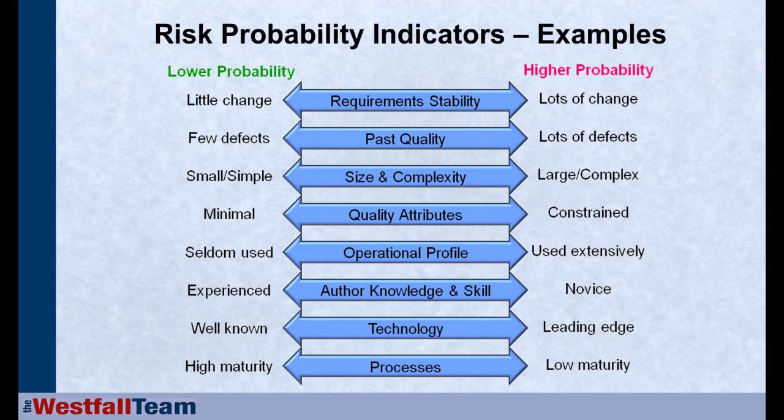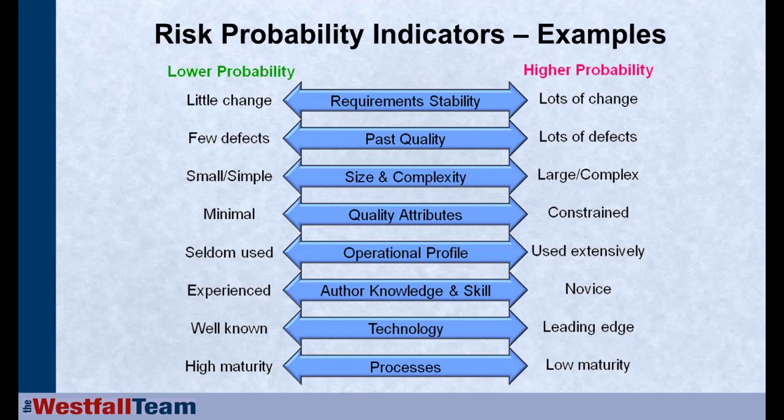Of course, the more quality attributes associated with that particular feature, function, or component of code, the more constrained it is, the higher the probability, yet again, that there are going to be defects in it. If it's simple, straightforward functionality that's not tightly constrained, it's going to have fewer defects.